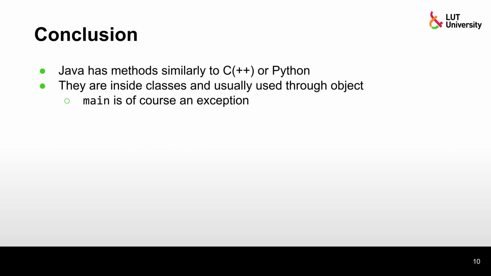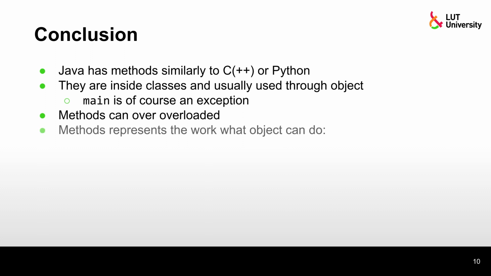It's a static method that just has to be there. Methods can be overloaded as seen in the example. And methods represent the work the object can do. So a method can be something like print, walk, remove, connect, whatever the object is about to do, then you are creating a method for that.